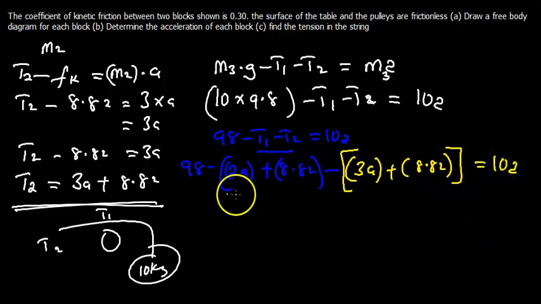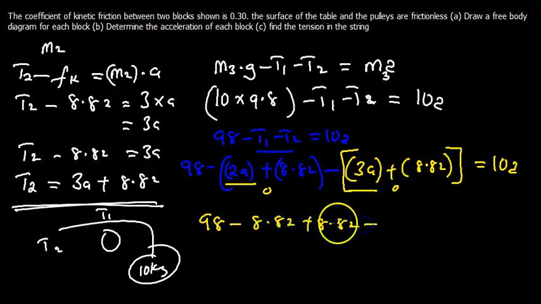So now we can collect the like terms. Notice that here we have 2a and here we have 3a. Here is going to be 98 minus 8.82 minus 8.82 minus 2a minus 3a, which is equals to 10a.